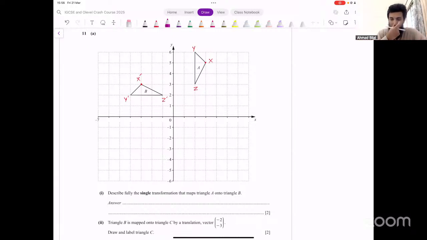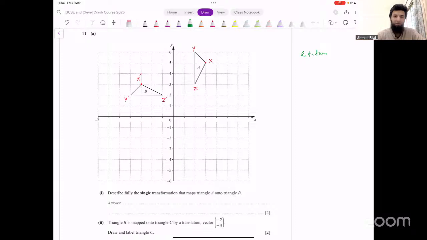Okay, it's a rotation. Now, how do you think about rotation? One possible idea is using perpendicular bisectors. So you have to find the center of rotation first of all, right? So we have identified that it's a rotation, right? Now, what rotation? We need center of rotation and the angle anti-clockwise or clockwise. How do you figure out the center of rotation? One longer way of doing this is drawing perpendicular bisectors. That will work.